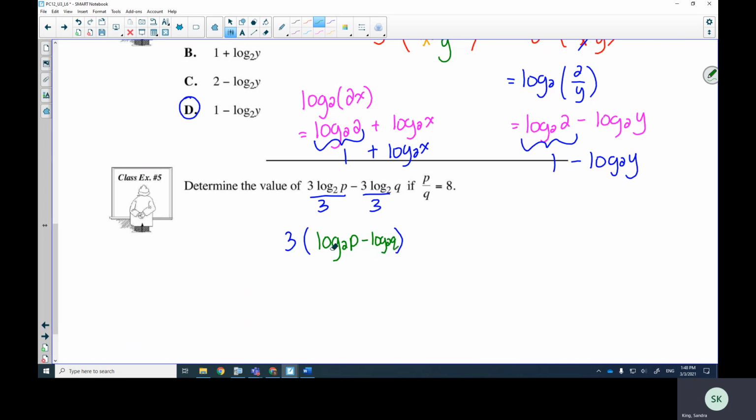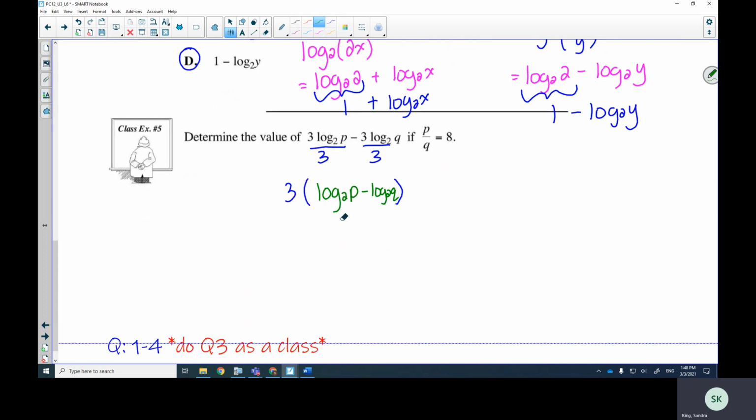From here, take this and do the quotient law. This would become, in one log, the log base 2 of p over q. Whatever that answer is going to be, we're going to multiply by 3 at the end.